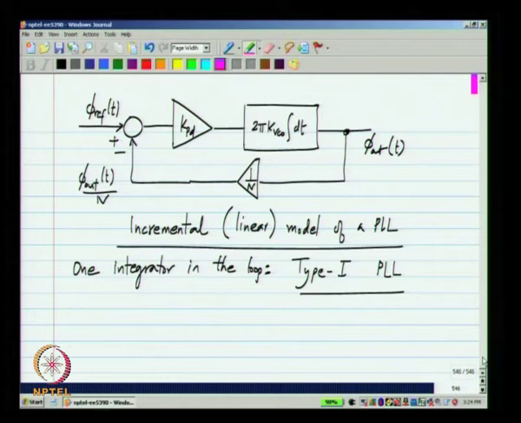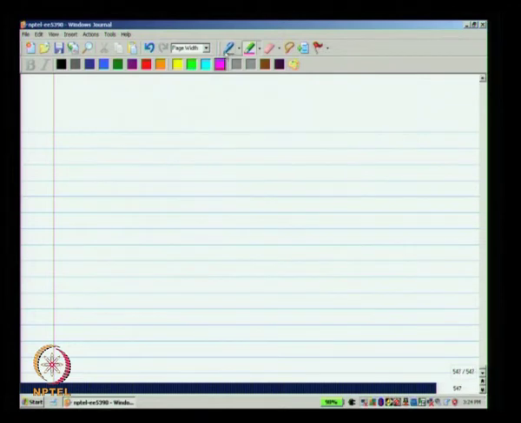So, the first thing we will do is to get an idea of how to implement a phase detector. There are many topologies of a phase detector, but generally they are similar in principle, and we will anyway be focusing on some general characteristics of any phase detector. Okay. What is this phase detector supposed to do?